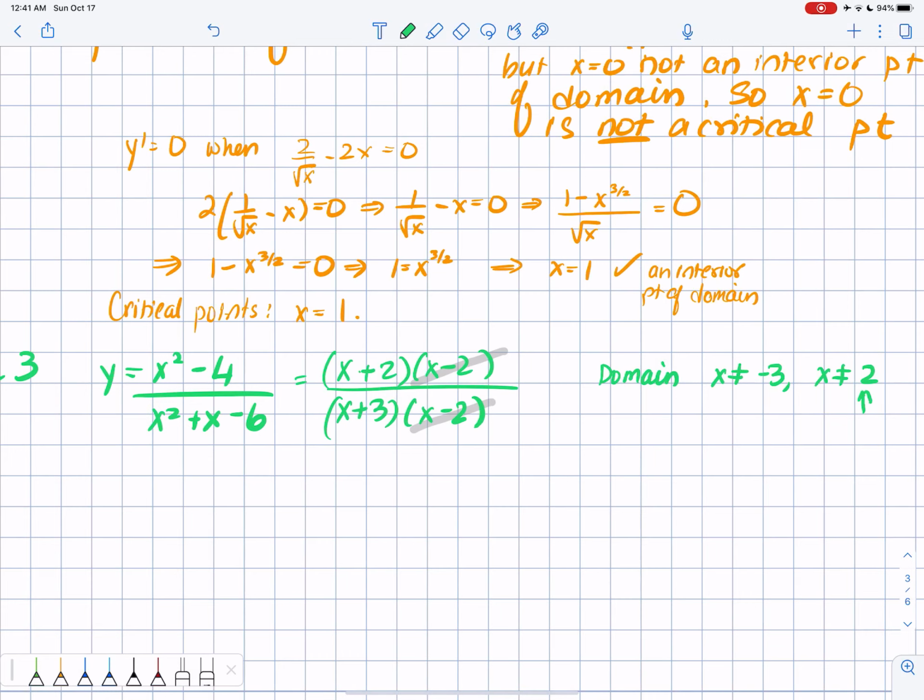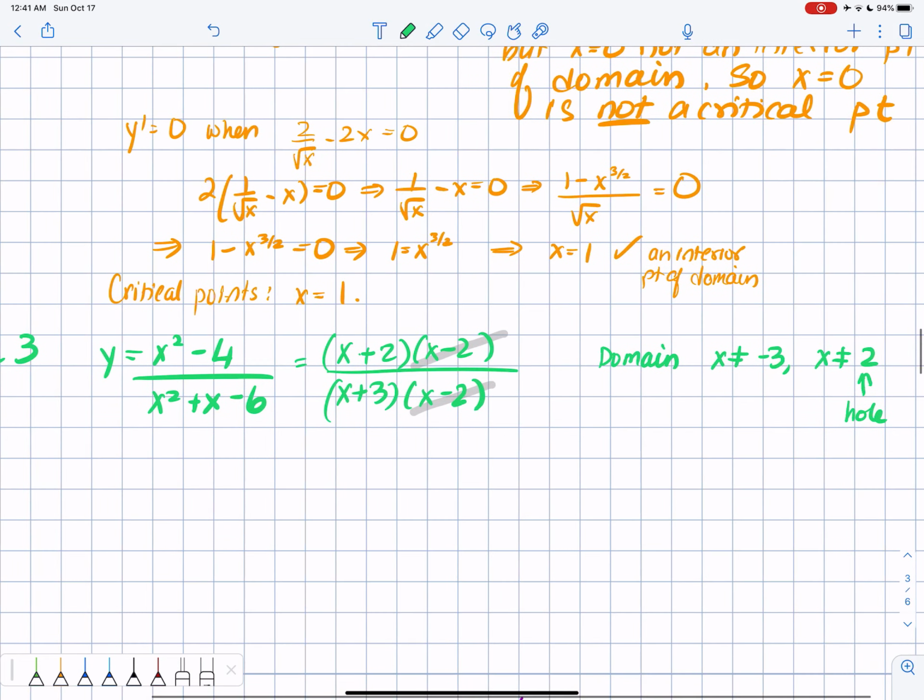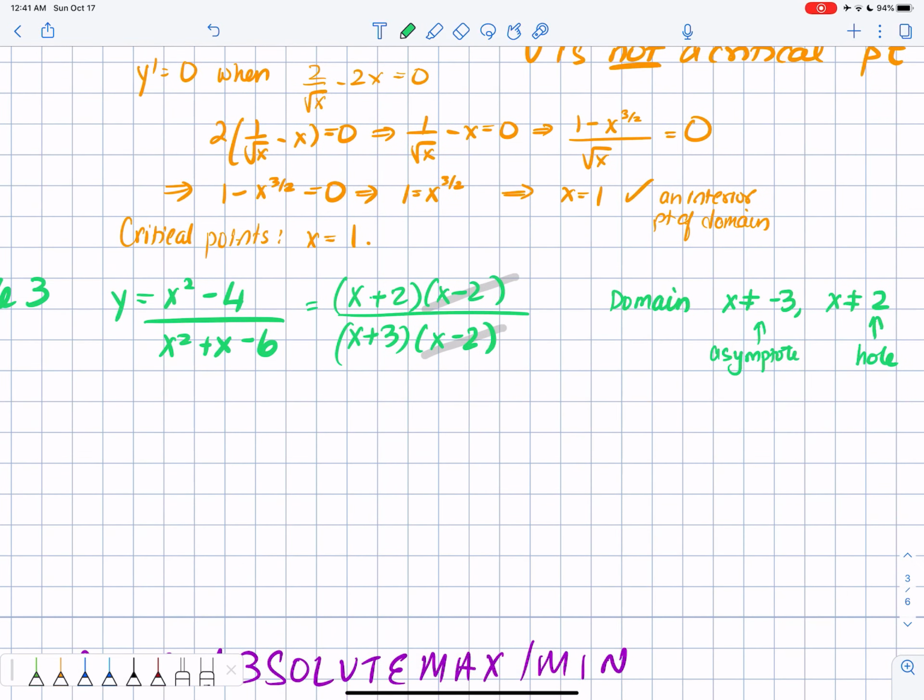There'll be a vertical asymptote at x equals negative 3. Anyway, we'll look more at that kind of thing. Let's write down the domain in a better way: negative infinity to negative 3, union negative 3 to 2, union 2 to infinity. Okay, so that's the domain.